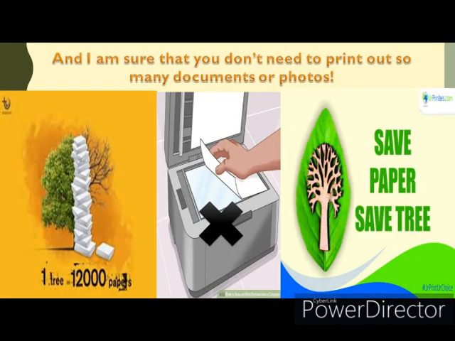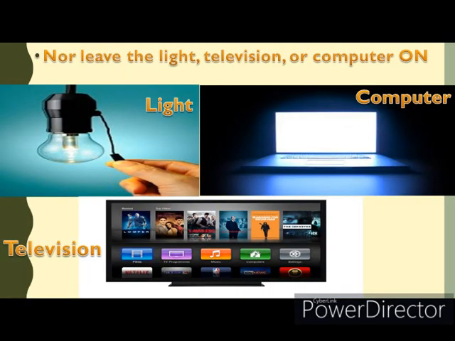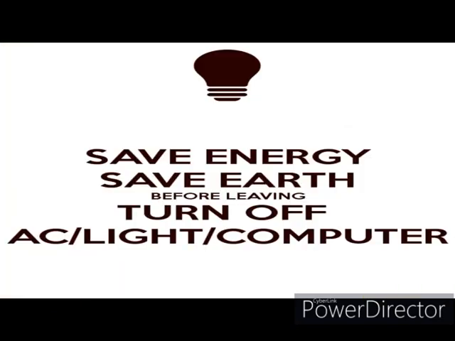I'm sure that you don't need to print out so many documents or photos, nor leave the lights or televisions or computers on when you are not using them. If you remember this, you will be reducing the amount of paper being used as well as energy, and in turn will be helping to reduce the contamination.